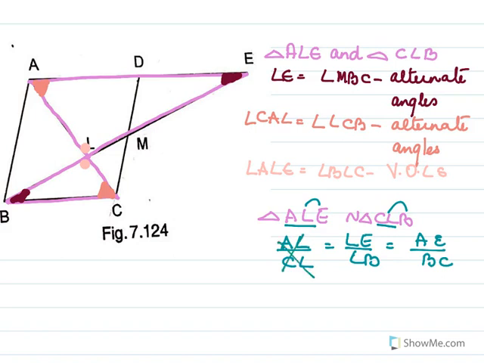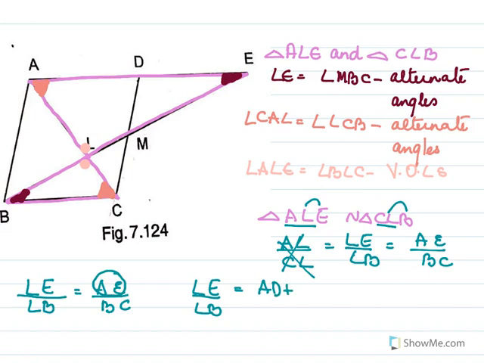Now we'll just take these two ratios. We know LE over LB equal to AE over BC. So we'll write again LE over LB equal to, now for AE I'm going to write AD plus DE over BC.